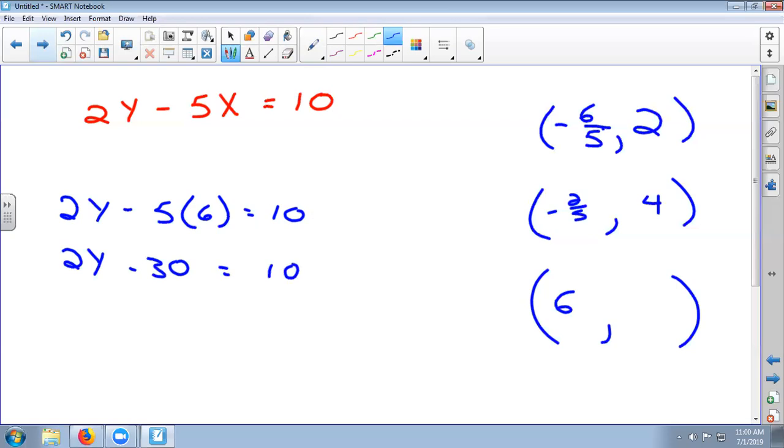So how do I solve for Y? Add 30 to both sides. Two Y equals 40. Divide both sides by 2.